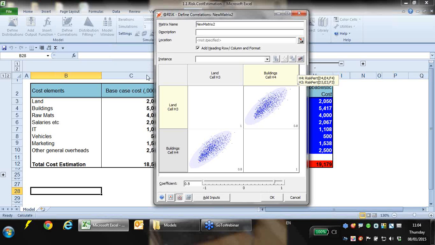So with the use of correlations, we're really specifying the strength of that relationship. Correlations are between -1 and +1. So +1 would be a perfect correlation, -1 would be a perfect negative correlation.